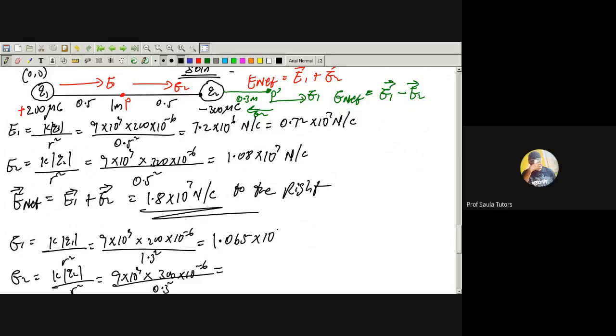You are not telling me the answer. So if it is wrong, it is on you. What's the answer? Times 10 to the power 3. Yes, Newton per coulomb.